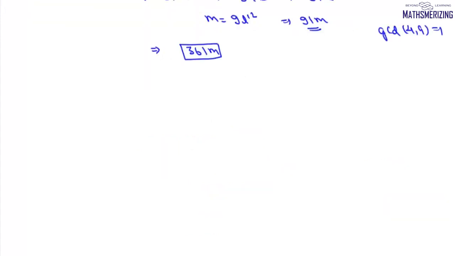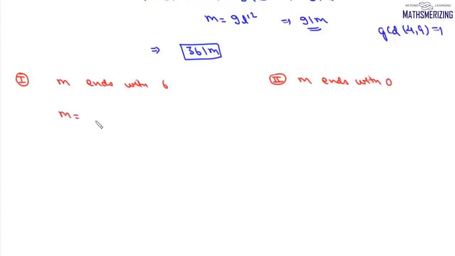Now we'll consider two cases. Case 1, when this number m ends with 6. And the second case, when m ends with 0.